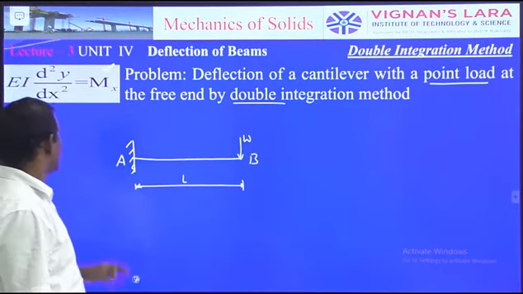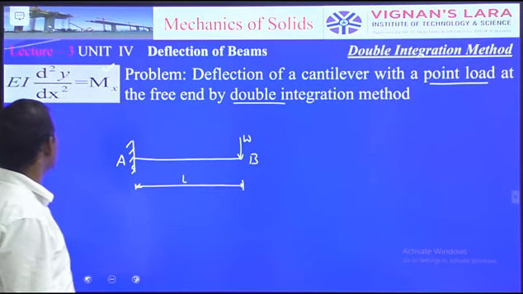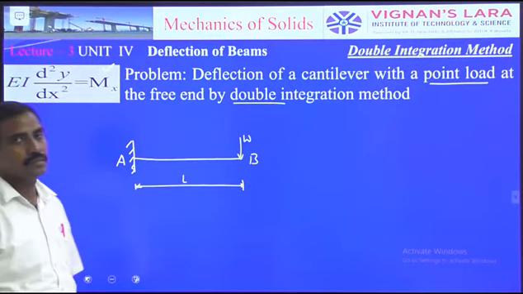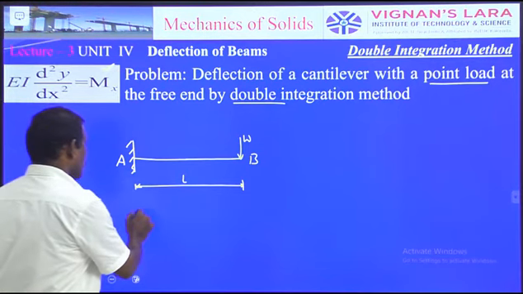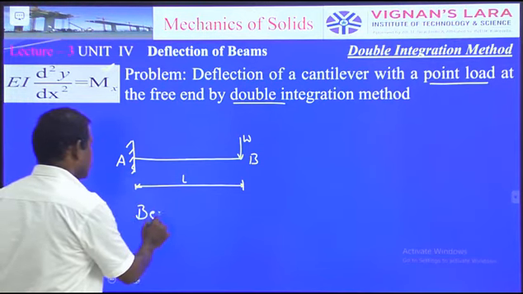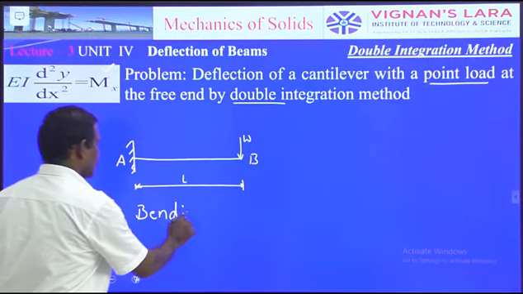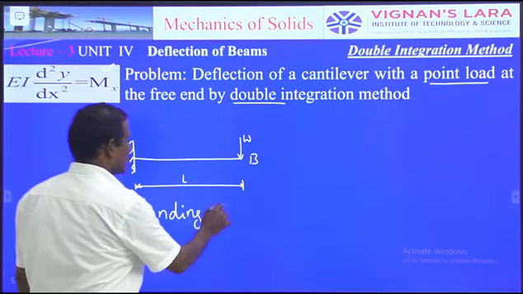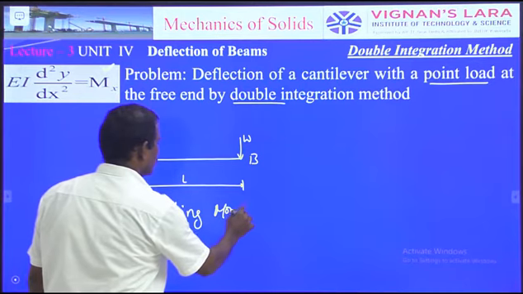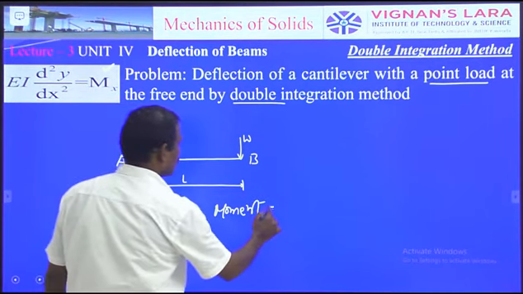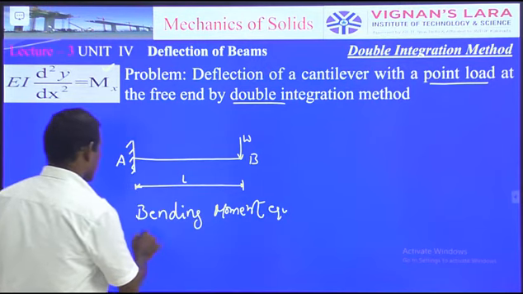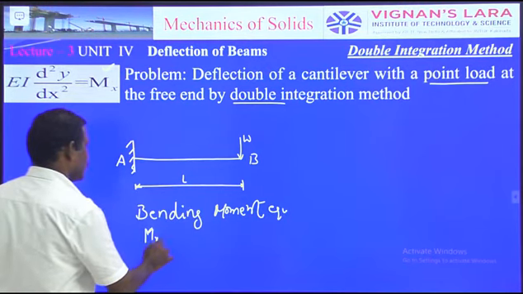So we know that EI d square y by dx square is equal to Mx. Initially we have to find out the bending moment equation, say as Mx, M suffix x.